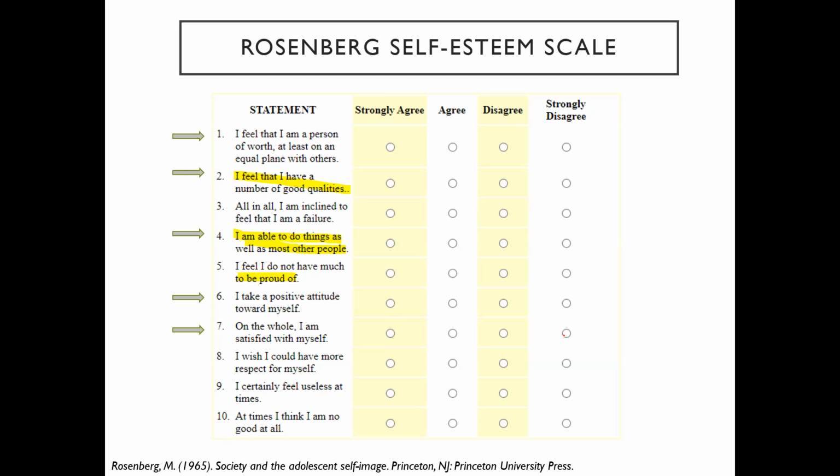So for example, this scale, Rosenberg validated it in adolescents in the US, I think, or maybe in the UK, I forgot. And if I want here in Lebanon to use the same scale, I cannot just say, okay, he used it, I take it and use it for an adult population. This is wrong.